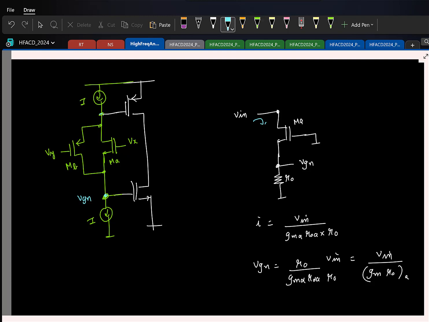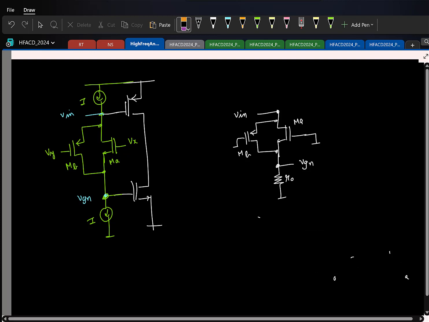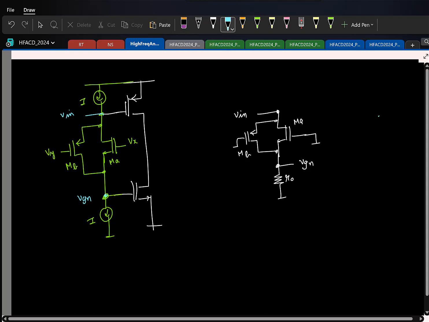Okay. So now we can see what's happening to the small signal thing. Let me erase this. So now I have a PMOS in parallel. Fine. So now, let's find VGN. Ignore the output resistance of this MA/MB.